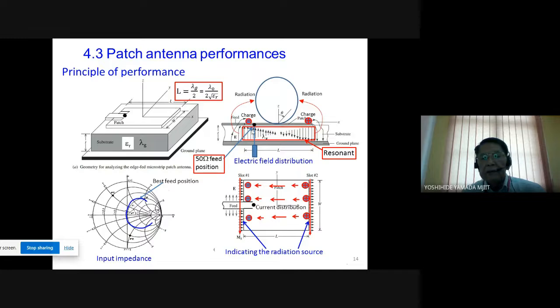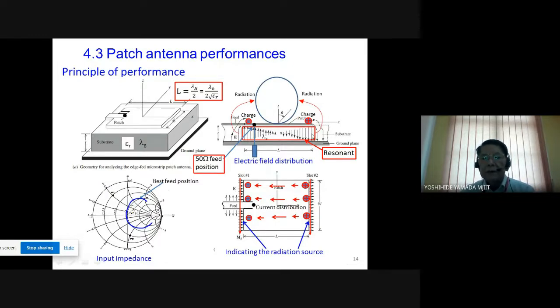On the right side, the direction of the electric field is the inverse direction. From zero, the electric field goes down and increases, moving to the open edge. So the electric field at the open edge becomes the highest.